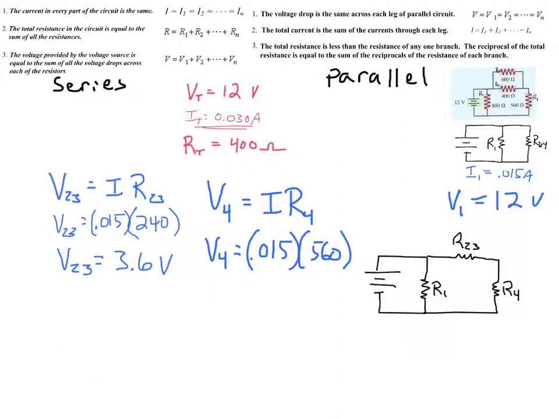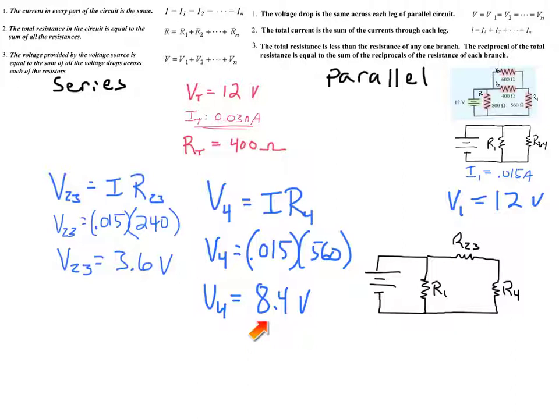We then follow the same procedure to find the voltage drop across resistor 4, and we end up with 8.4 volts. Because we know that these are in series also, we know that series voltage drops add up. We know the total voltage drop through there must equal 12 volts. The 3.6 and the 8.4 equal 12 volts.